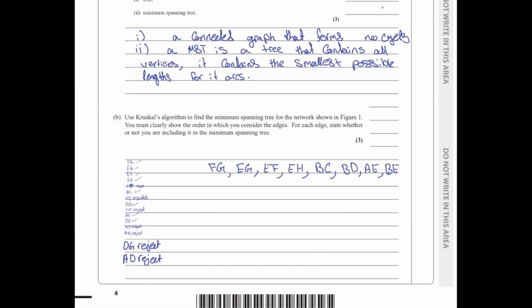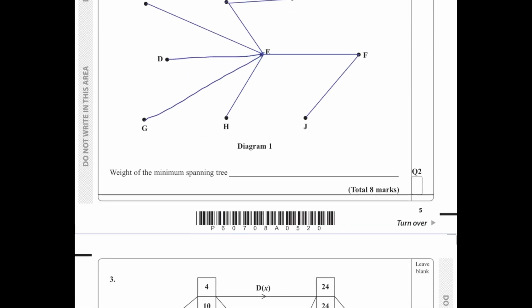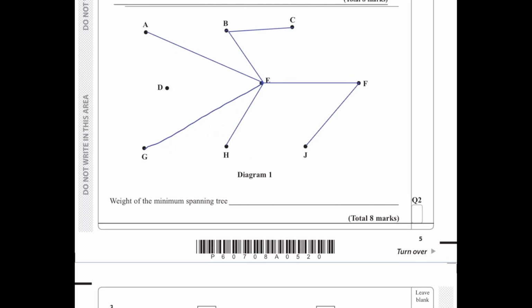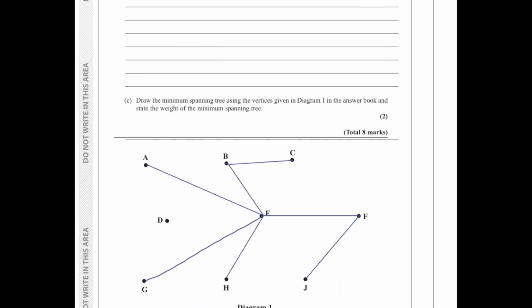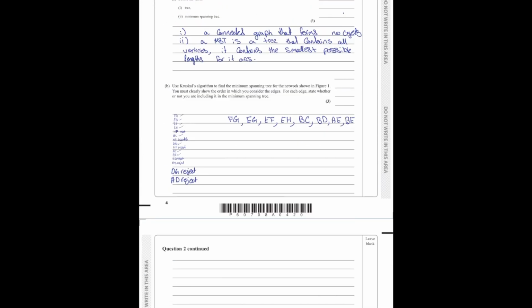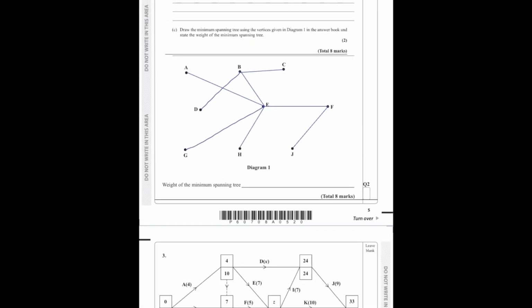What else do we have? Oh wait, DE is rejected, I'm sorry. We had DB, AF, DB, and yeah, that's it. One more final check. Yeah, I got it right, okay.